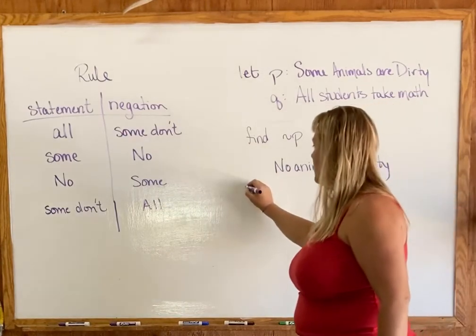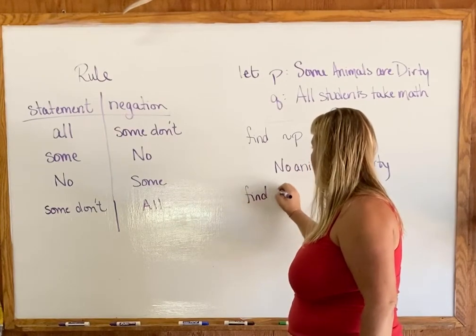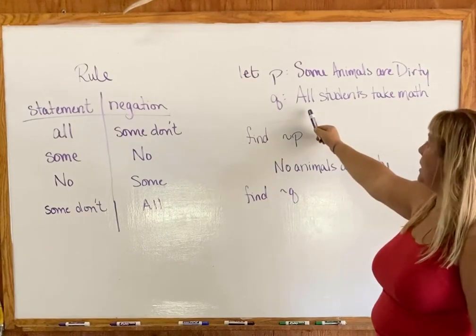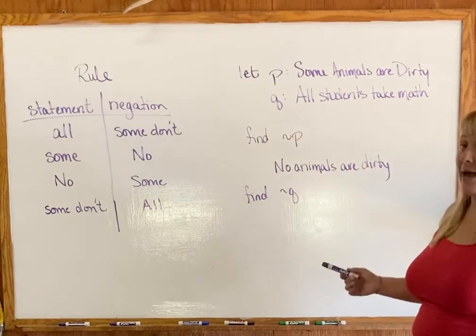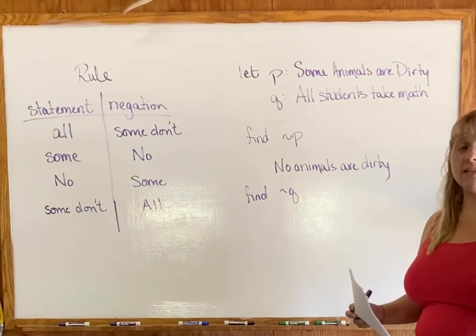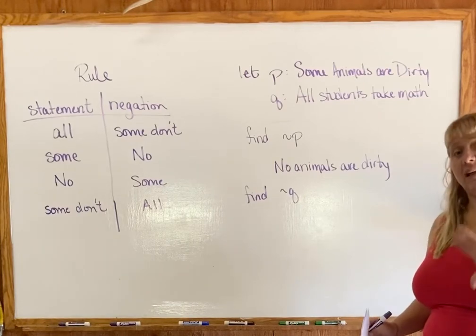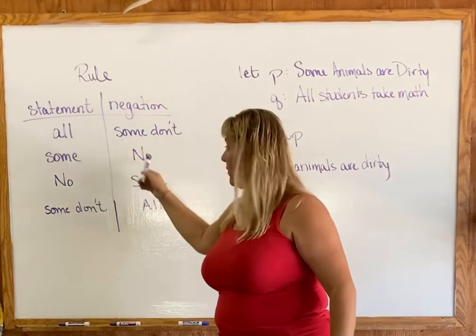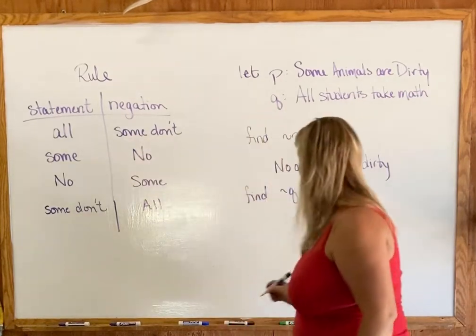All right, let's also find not Q. Q was all students take math. It's really tempting to just say no students take math to make that the negation. But remember, all does not go with no, all goes with some don't.